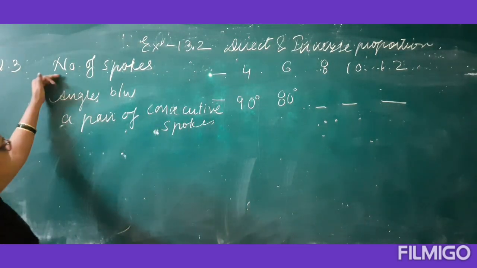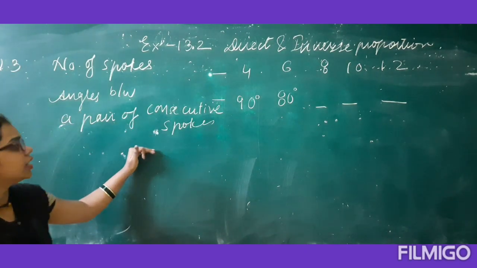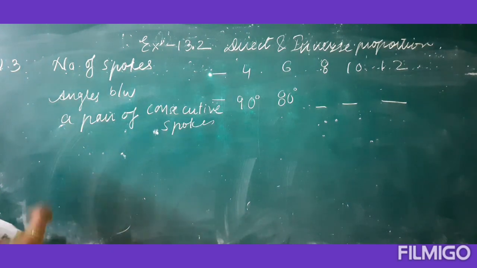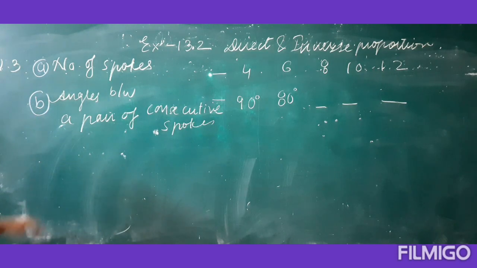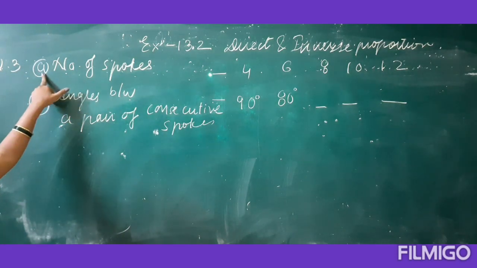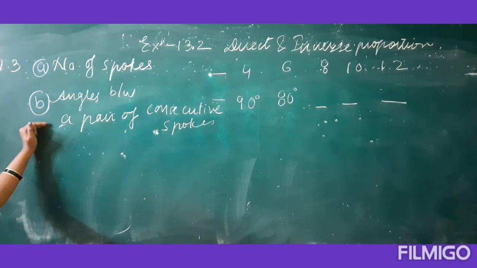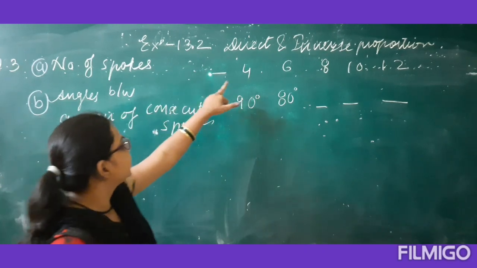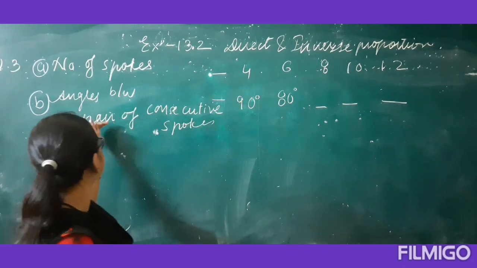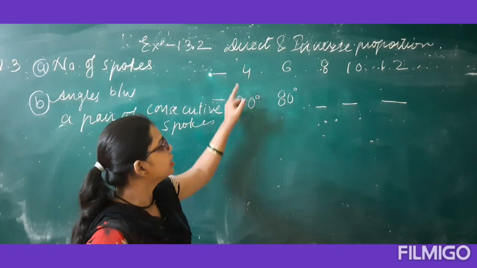Here you are given the number of spokes and the angle between the pair of consecutive spokes. So I am naming this as A and this as B. Means the number of spokes I will represent by A, and the angle between the pair of consecutive spokes I will represent by B. So from here as you can see, when I increase the number of spokes, the angle between the pair of consecutive spokes is decreasing.